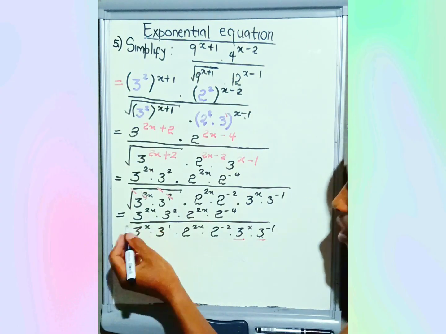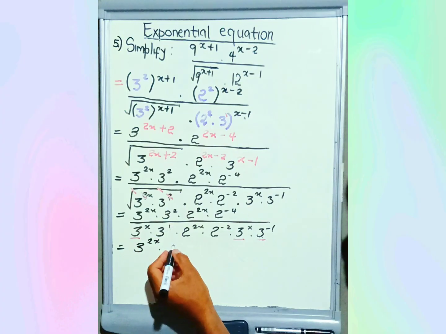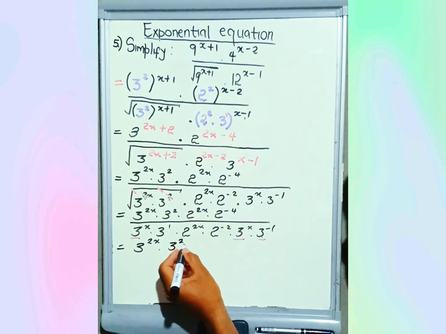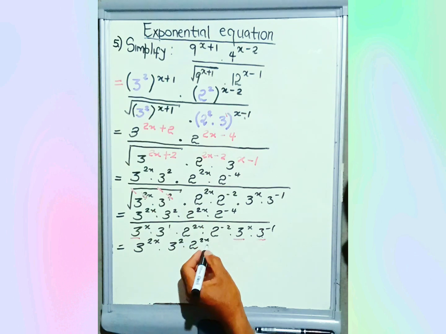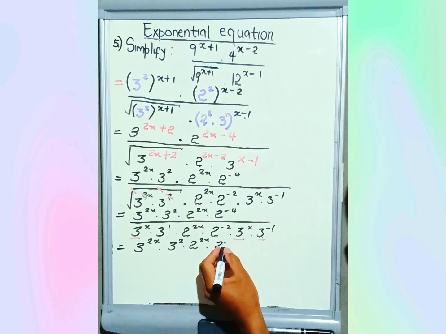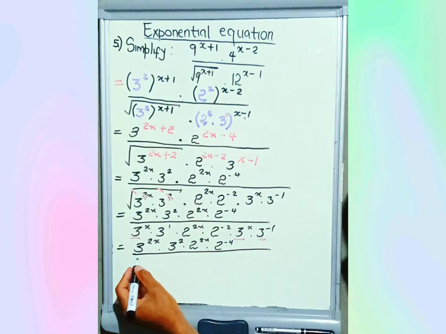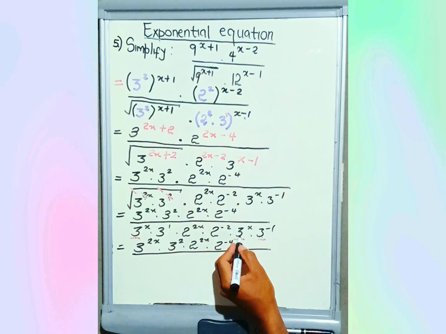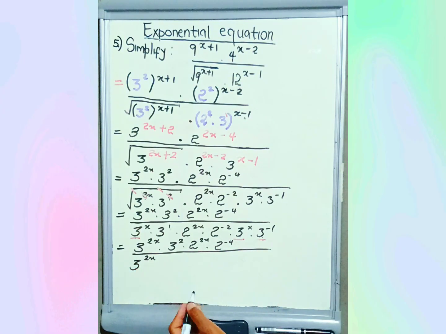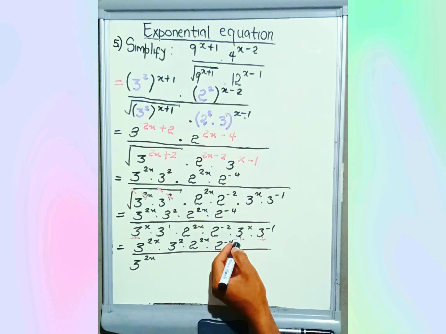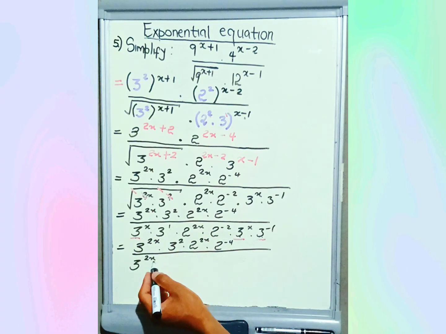Then now, on the numerator, you don't solve anything. On the numerator, we have 3 raised to 2 times 2 raised to 2x times 2 raised to negative 4, all over. Then on the denominator, this one times this one is going to be equal to 3 raised to 2x. You take one base, then add the exponents: x plus x equals 2x.